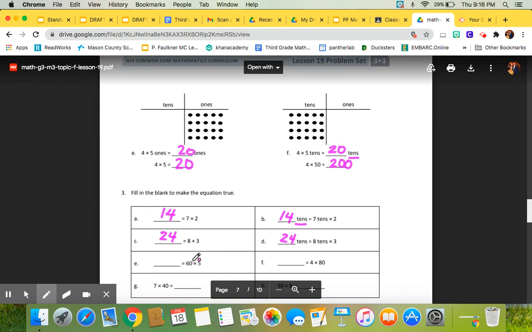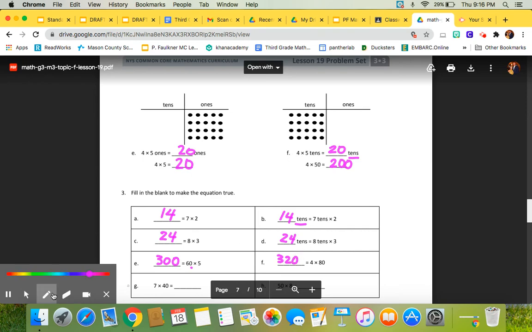Well, 6 times 5, it's like saying 6 tens times 5 is 30, and then we put our 0 on for the tens. 4 times 80, or that's the same as saying 4 times 8 tens. Well, 4 times 8 is 32 tens.